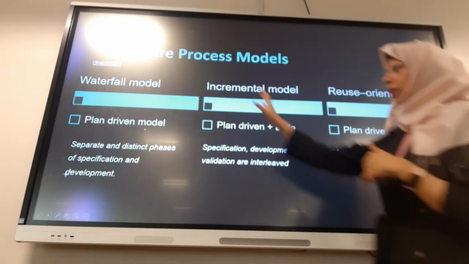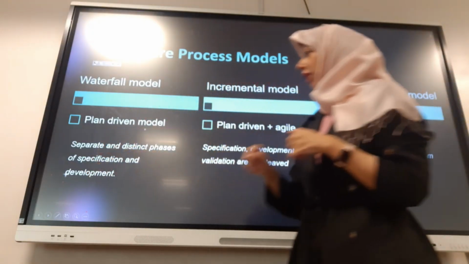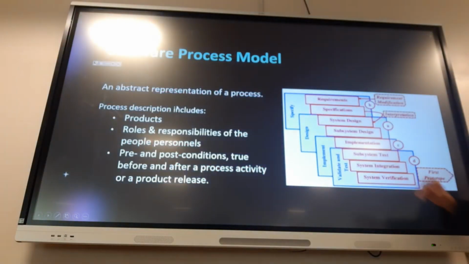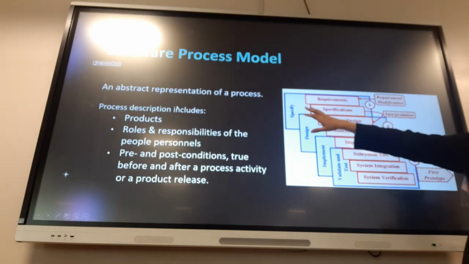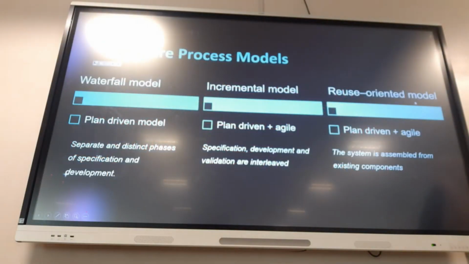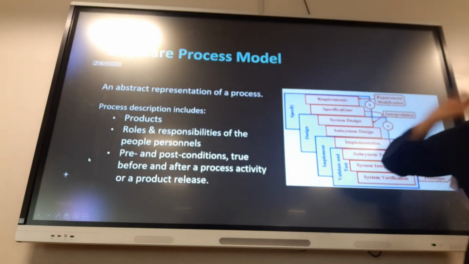So here we have separate and distinct phases of specifications and development. Let's get back here. Remember when we said some of these are actually common between big phases? It's the same idea here. So here we're saying specs and development will be completely two different phases.